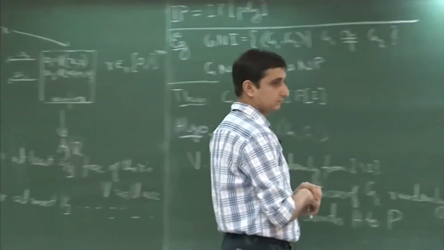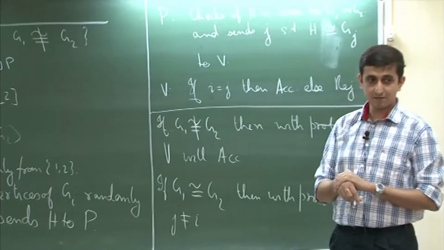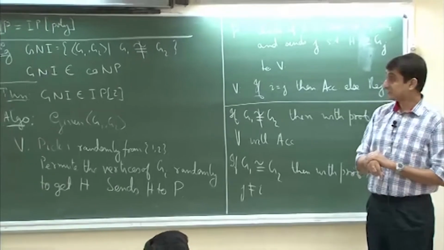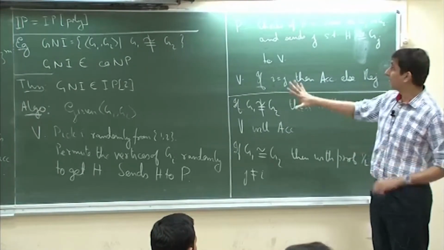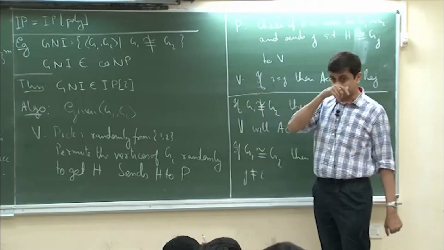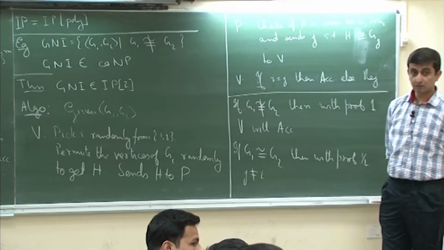Here the prover will know which out of one or two has come, but it will not know which permutation.